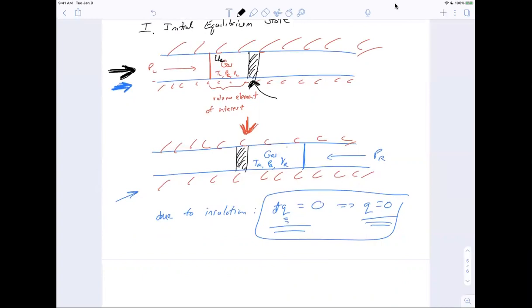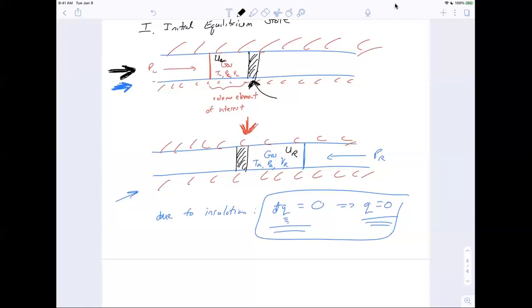And now we can do the same thing. We can write an internal energy on the right side. Okay. So we see here that there's a volume on the left, volume on the right, an energy on the left, and an energy on the right. And the two pressures on either side of the porous material are constant.